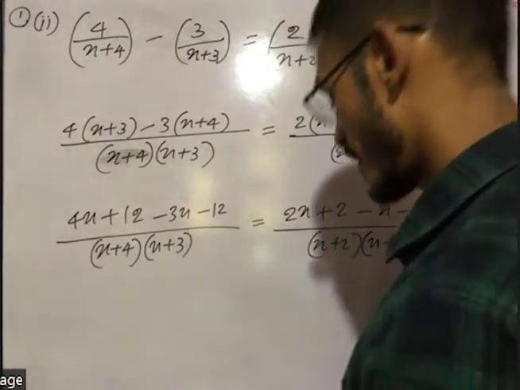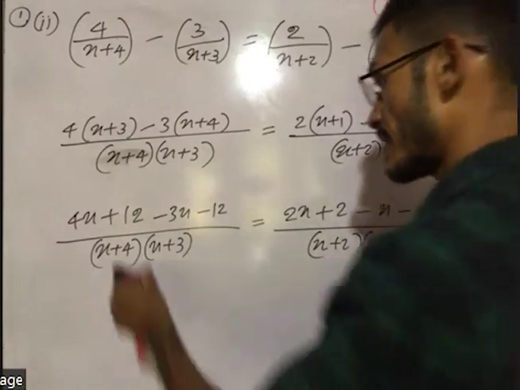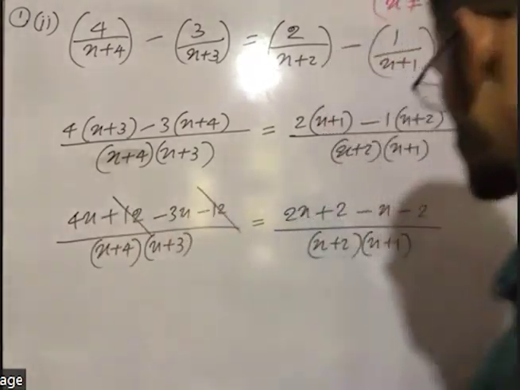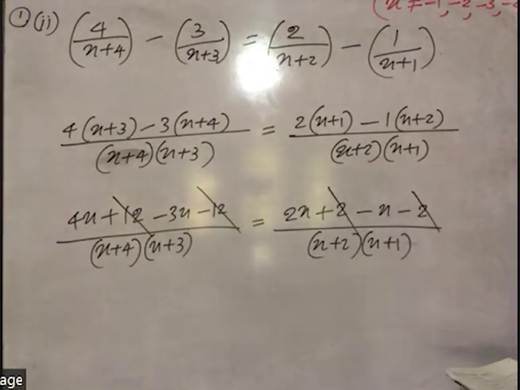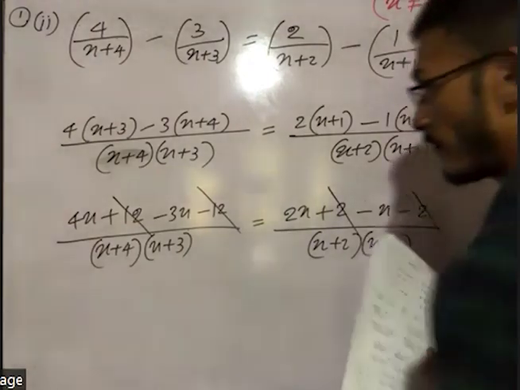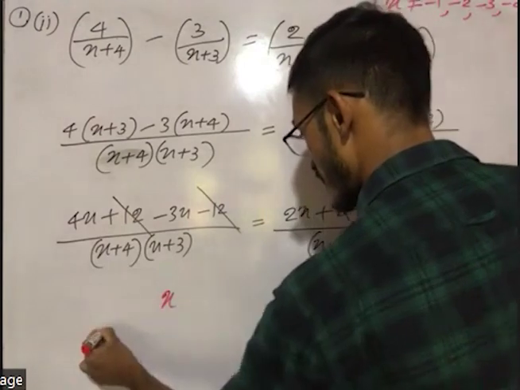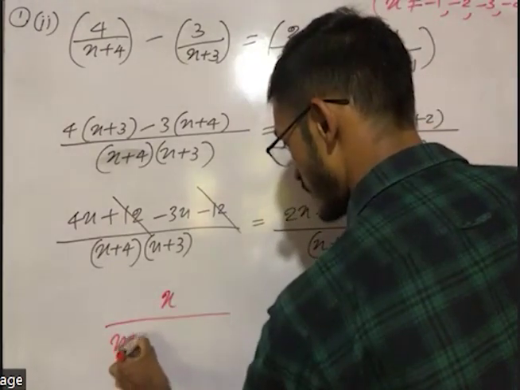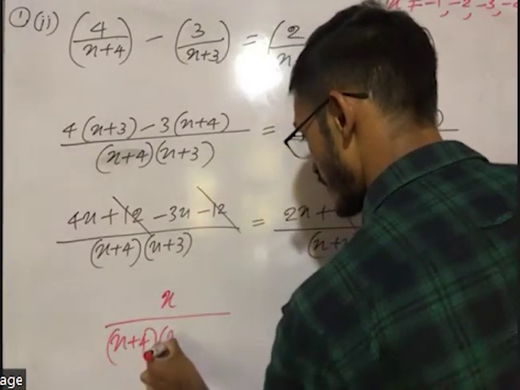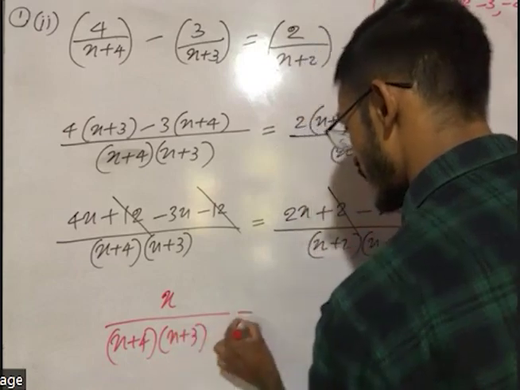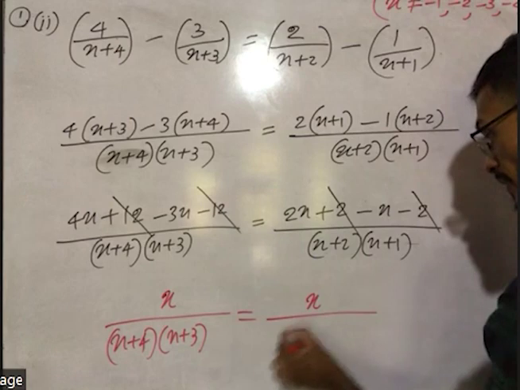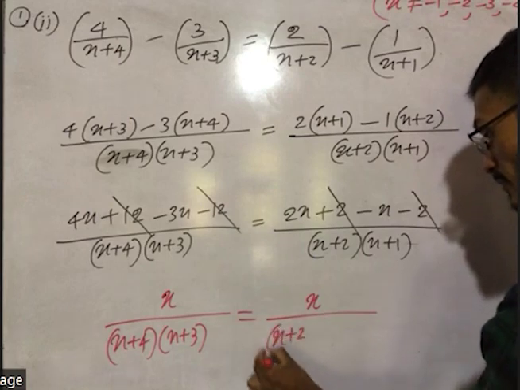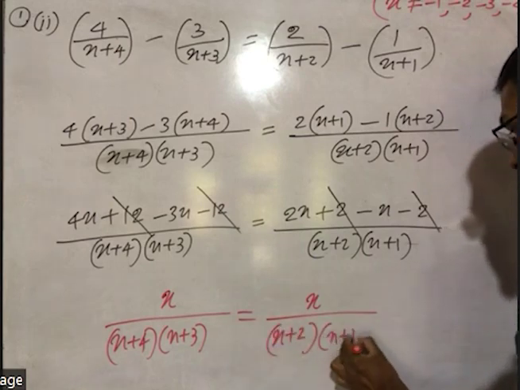Right. Now, if you simplify this, here 12 and minus 12 will cancel. Here also 2 and minus 2 will cancel. Right. Then 4x minus 3x, that is x over x plus 4 into x plus 3. That is equal to 2x minus x, that is x over x plus 2 into x plus 1.